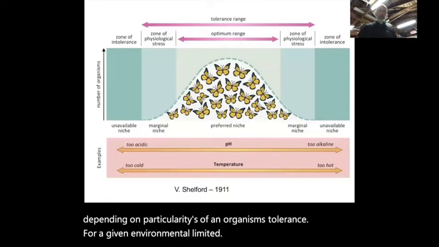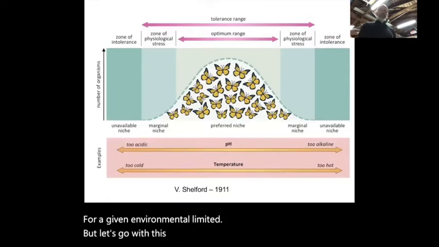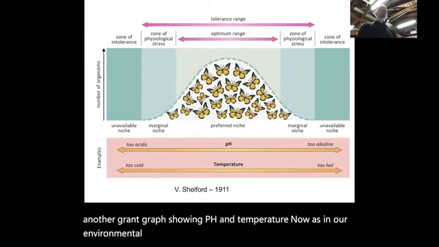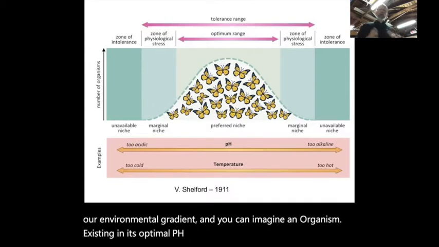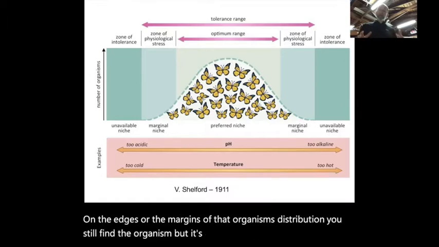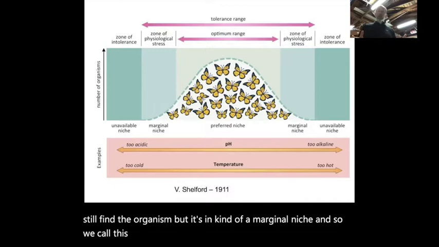So, for example, here's an organism. It's just another graph showing pH and temperature now as our environmental gradient. And you can imagine an organism existing in its optimal pH and its optimal temperature. On the edges or the margins of that organism's distribution, you still find the organism, but it's in kind of a marginal niche. And so we call this an environmental niche of an organism.